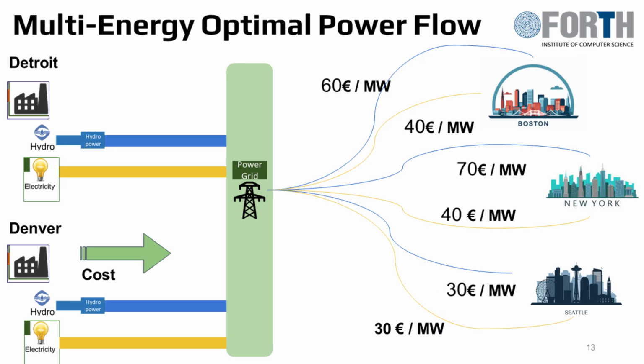This slide mirrors the previous one, but now focuses on cost coefficients for flows originating from Denver. Just as we defined route-specific costs for Detroit, we now specify the cost per megawatt for sending electricity and hydrogen from Denver to Boston, New York, and Seattle. Again, each arc is characterized by a cost parameter. These values directly enter the objective function. For every flow variable, total cost equals cost per megawatt multiplied by the corresponding transported quantity.